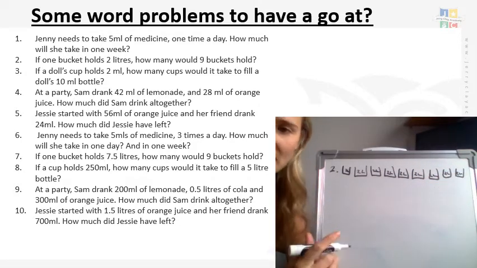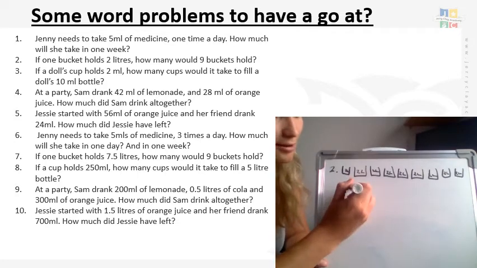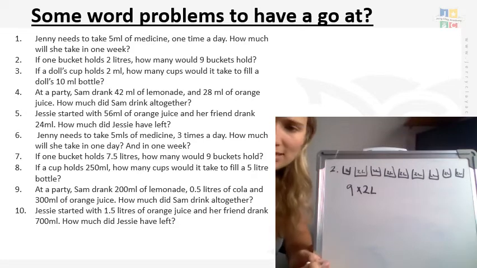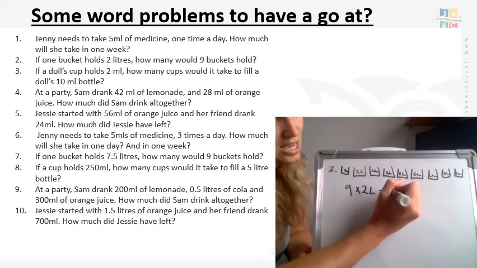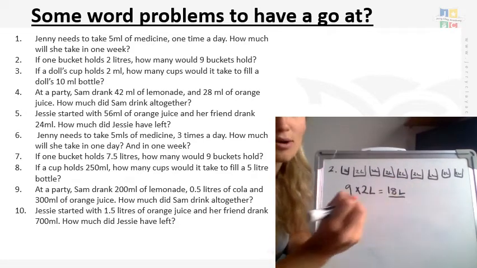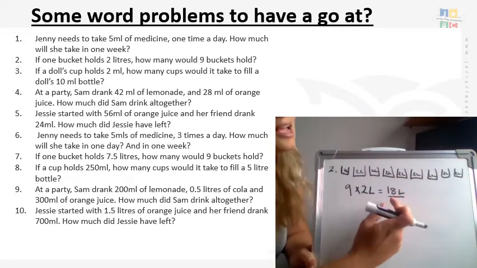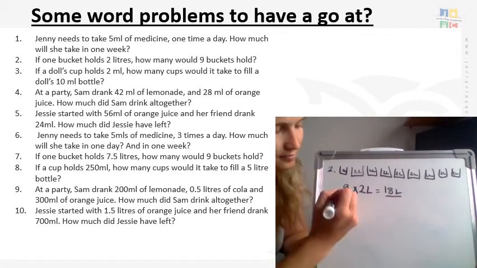I want to find out how many 9 buckets would hold. So there are 9 buckets and there are 2 litres in each. So I would do 9 times 2 litres equals 18 litres. So that would be your answer. Or you could have gone 2, 4, 6, 8, 10, 12, 14, 16, 18. There are 18 litres in total.